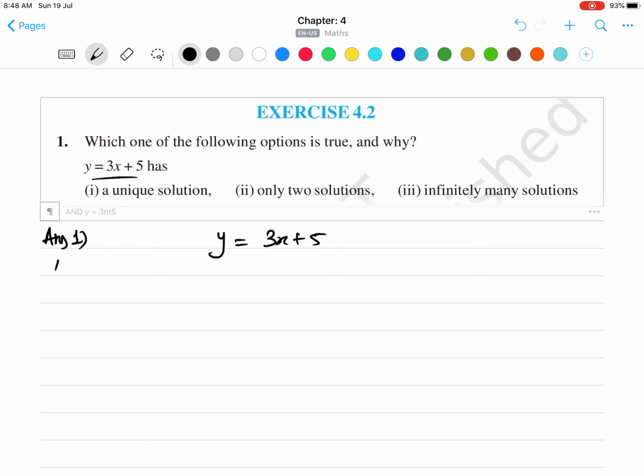So let x equals to 0, then the equation will be y equals to 3, at the place of x we'll write 0, plus 5. And 3 into 0 will be 0, then we'll remain with y equals to 5. Okay, so we got a solution, which is x 0 and y 5.